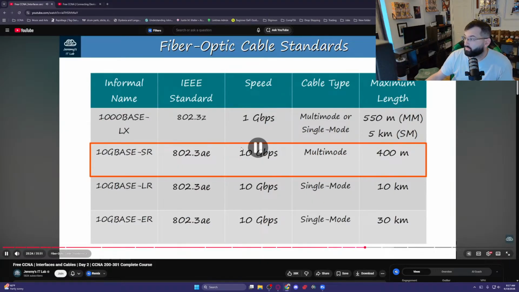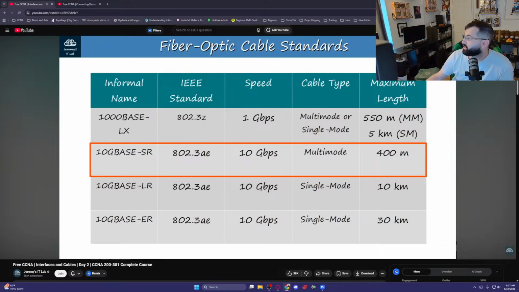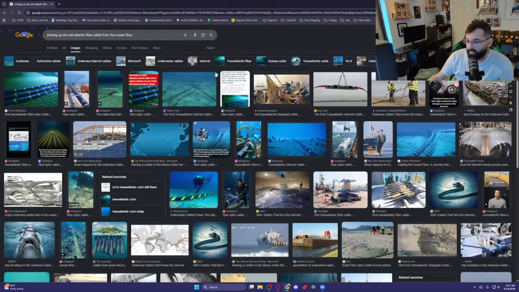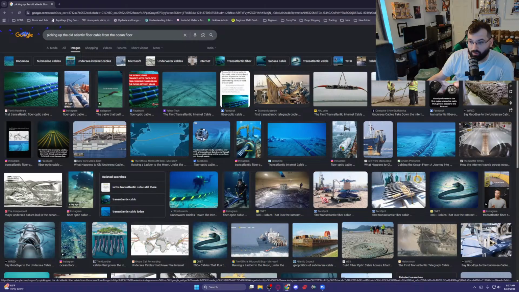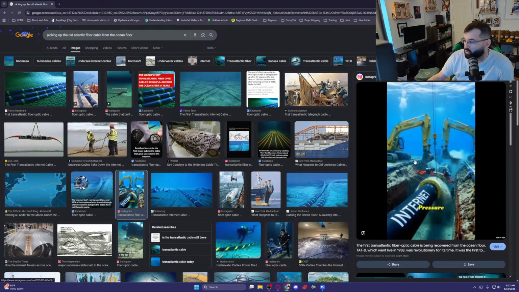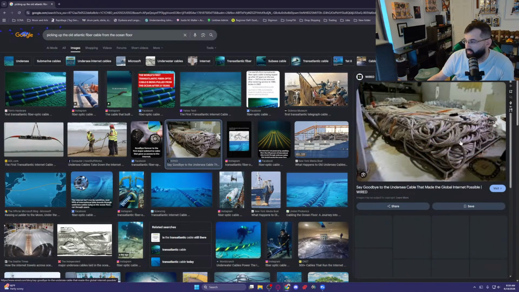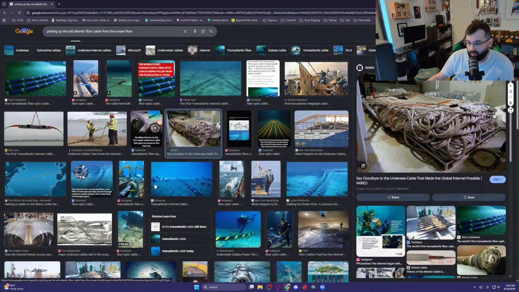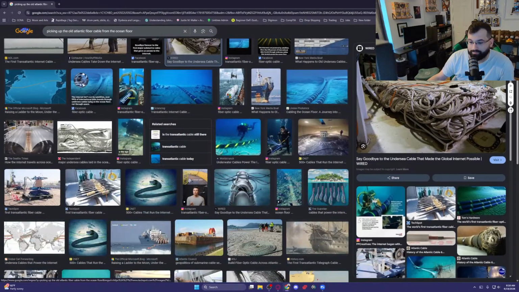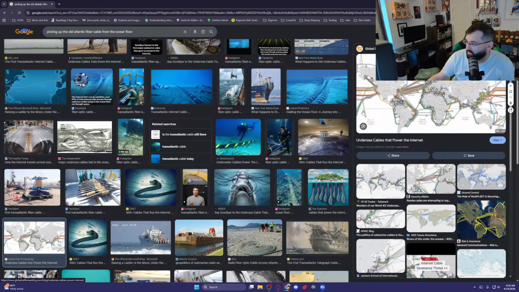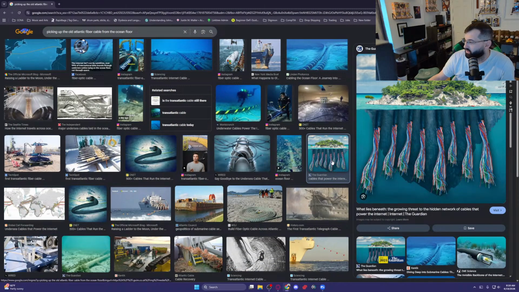Next up is 10GBASE-SR. So just real quick, so that you can see how this stuff is. These are the fiber cables that are on the floor of the ocean. Is this not insane? Look how huge these things are. That's so crazy. And then they finally picked one up. I don't remember what it was. And this is how the internet is connected to everything. That's so wild. I don't know what that picture is. That just looks crazy.